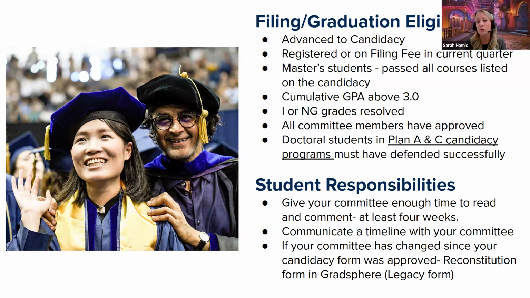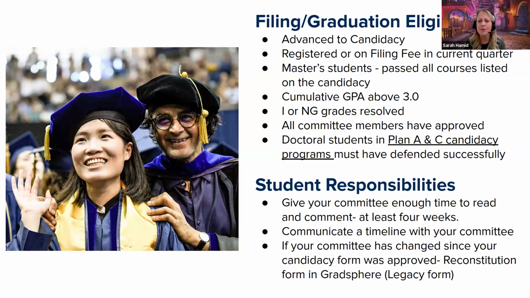We do look at that. You also want to make sure that any I grades, which are incompletes, or NG grades are resolved if they pertain to any courses that are required for you to graduate with your program.